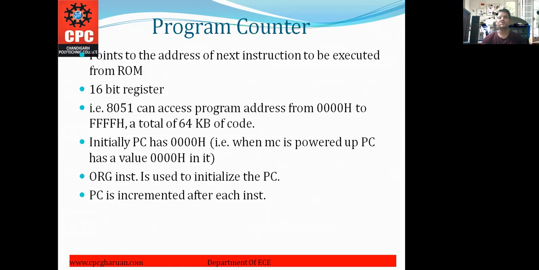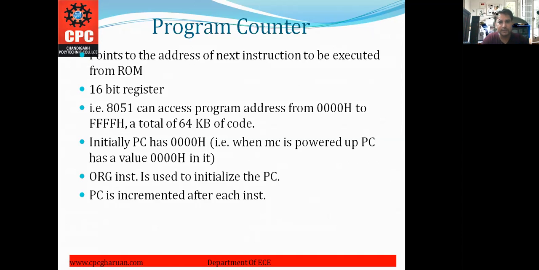Next is the program counter. Program counter actually points to the address of the next instruction to be executed from ROM. It is 16-bit in size. 8051 can access program addresses from 0000H to FFFFH, a total of 64 KB of code.